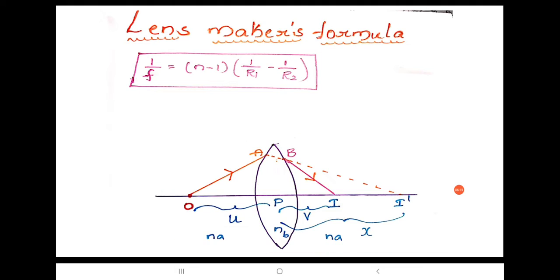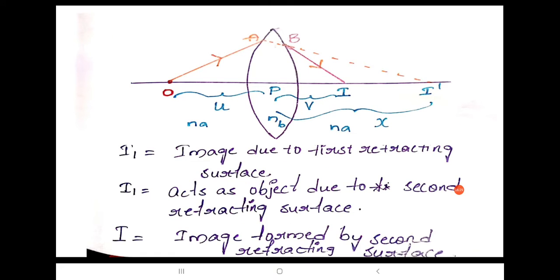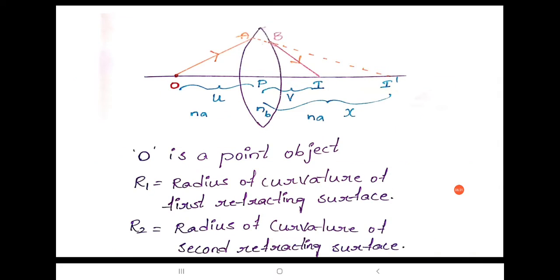Okay, and R1 and R2 are the radii of curvature. Here O is a point object, R1 is the radius of curvature of the first refracting surface, and R2 is the radius of curvature of the second refracting surface.